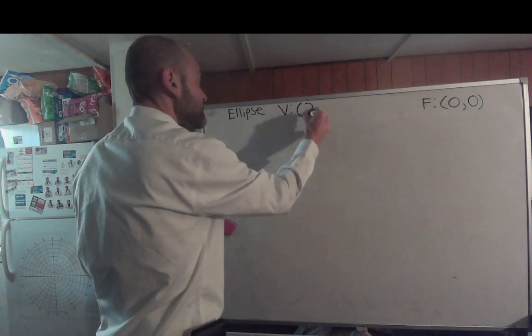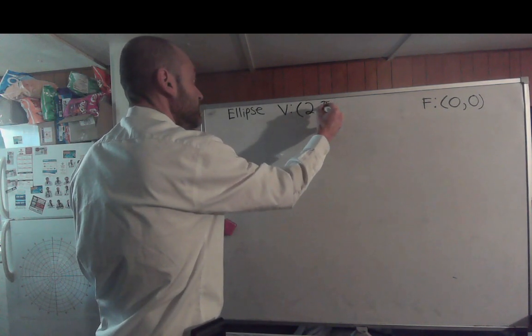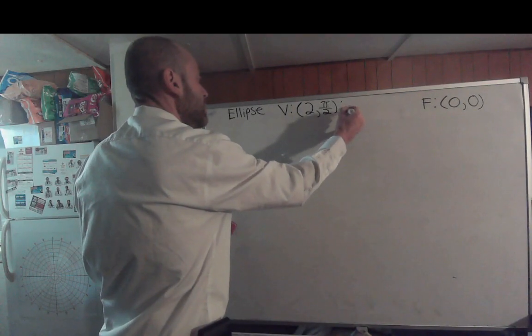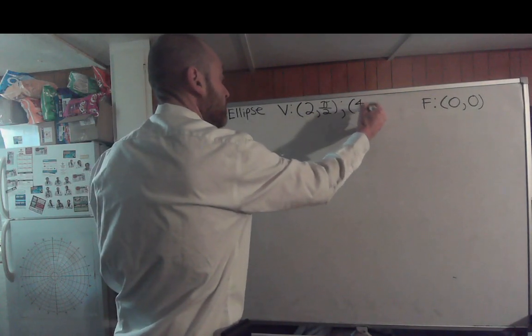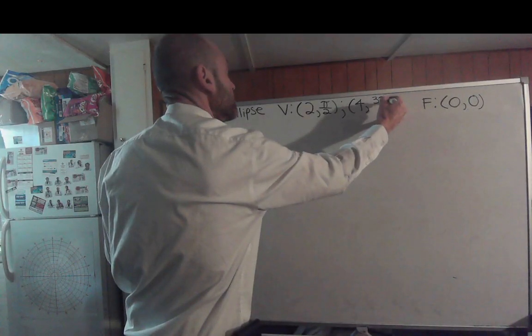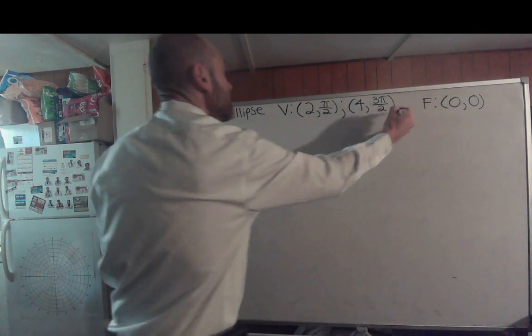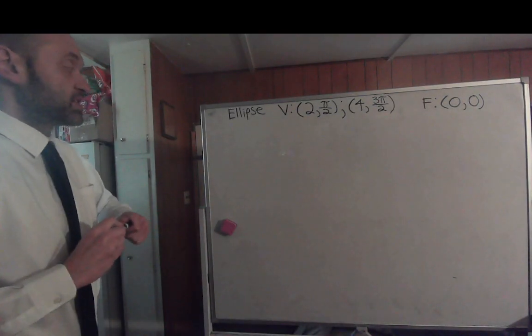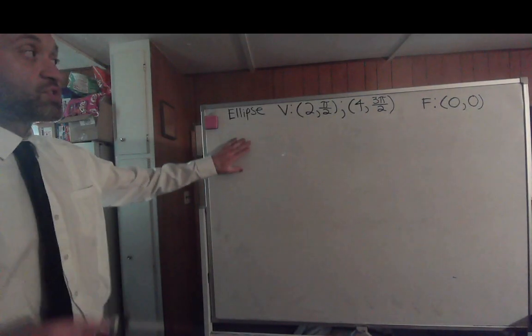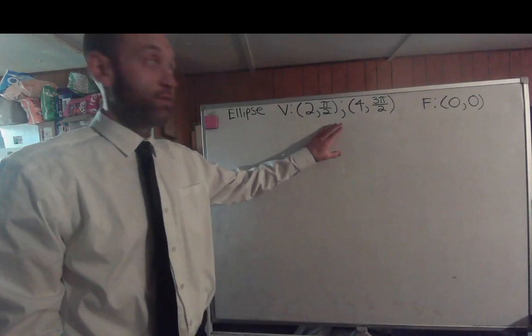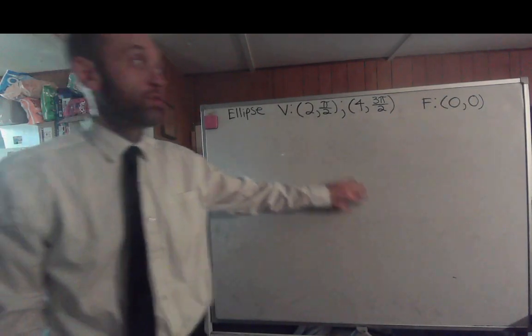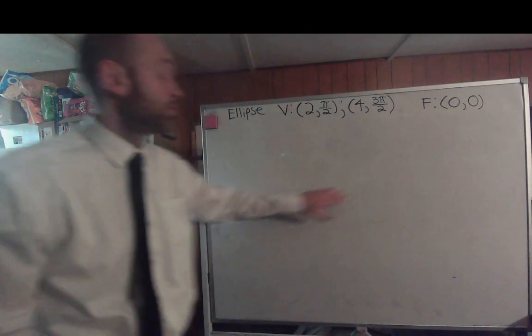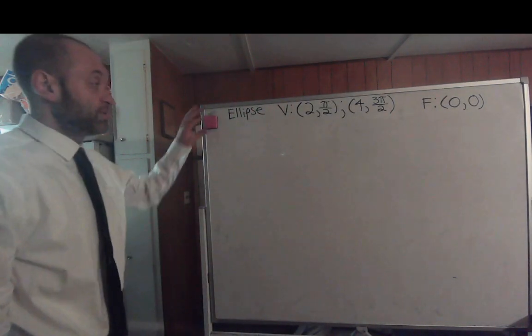One vertex is at 2, pi over 2. Another vertex will be at 4, 3 pi over 2. So all we're given is that this is an ellipse with vertices at 2, pi over 2, 4, 3 pi over 2, and a focus at 0, 0. We don't know anything else yet.